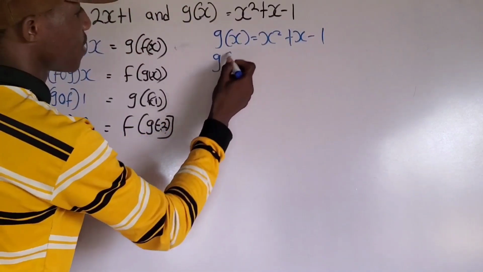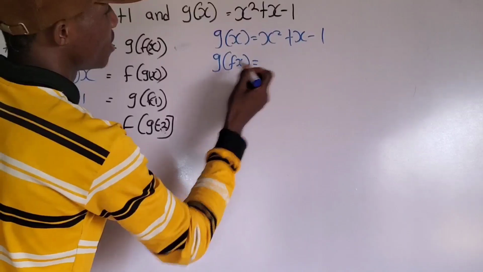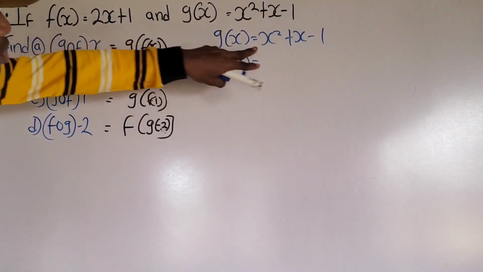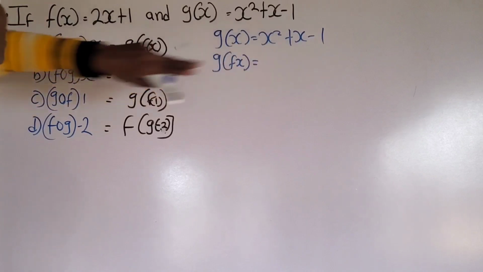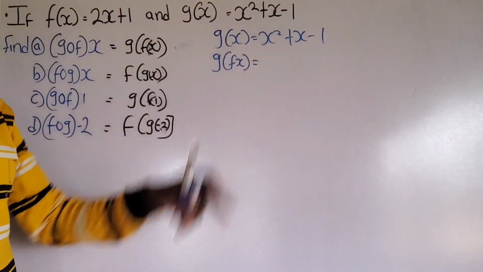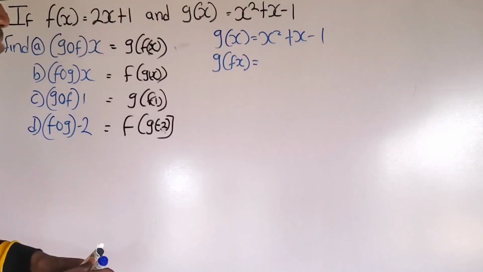Now g of f of x will be, I'm going to replace the value of x as 2x plus 1 anywhere I see x in g of x. Do you understand? So that is the meaning of that statement.